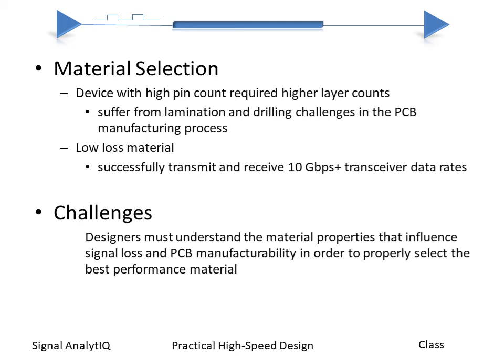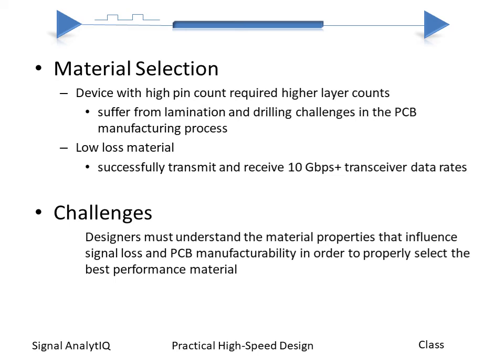And also low loss material should be selected in order to successfully transmit and receive at 10 gigabits per second plus transceiver data rates. Even smaller SATA signals with greater than 2.5 gigabits also need to be successfully transmitted and received.